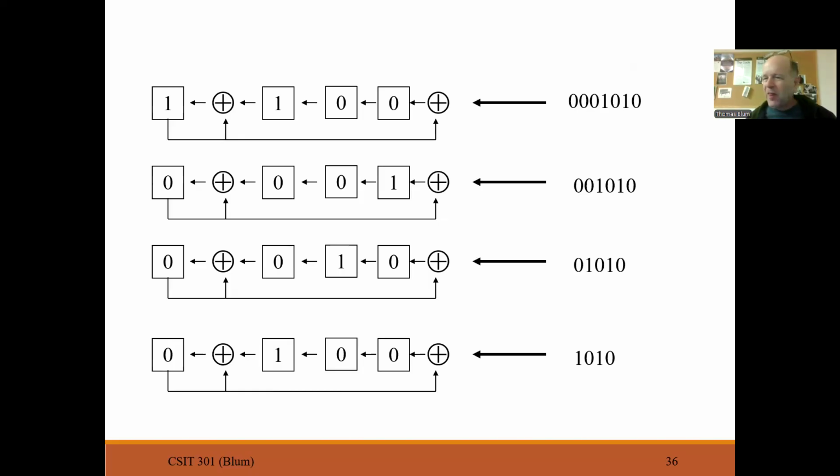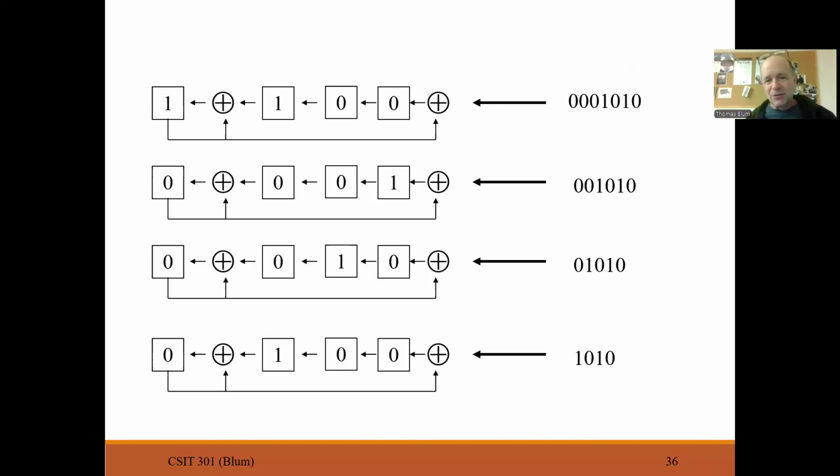And so that 1 that was going to come over to that position got changed to a 0 because of the excluded OR. And the 0 that was coming in from the data input got switched to a 1. So we ended up with 0, 0, 0, 1. So now we're back at a 0 in the leftmost bit. And so it's just shifting again.